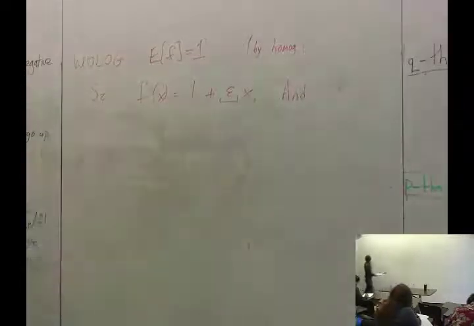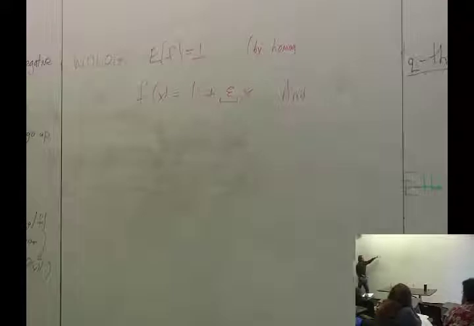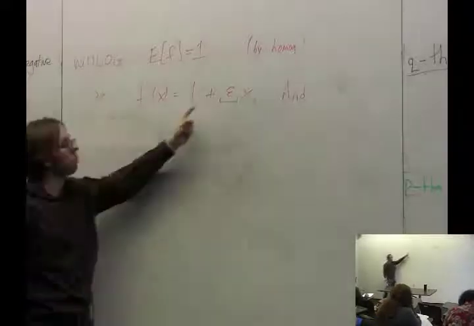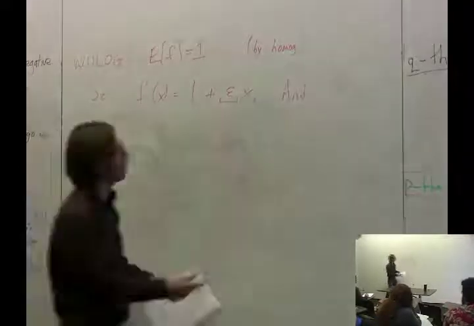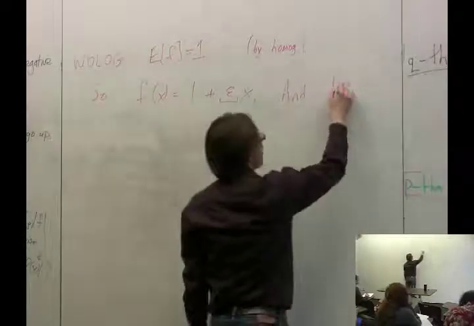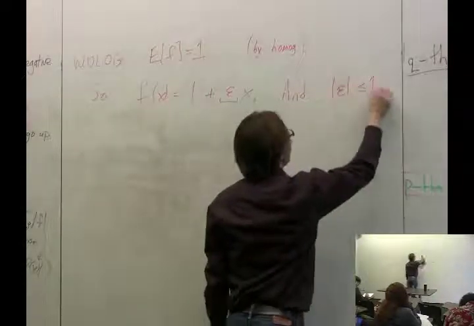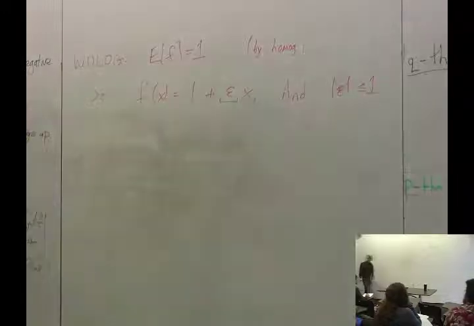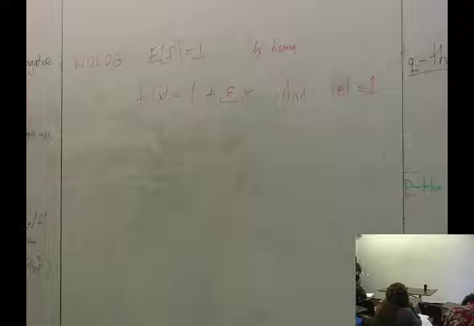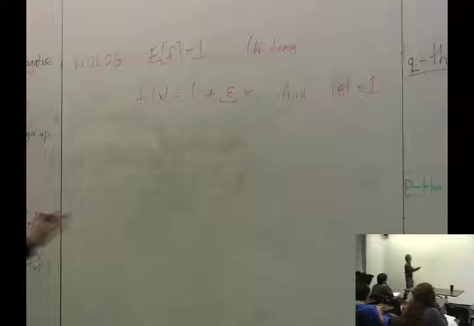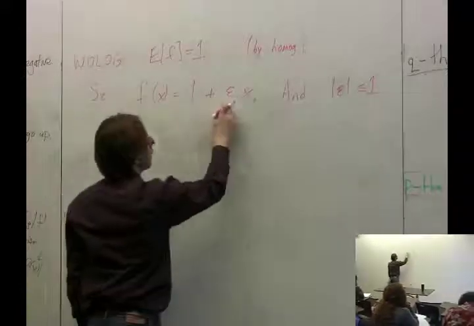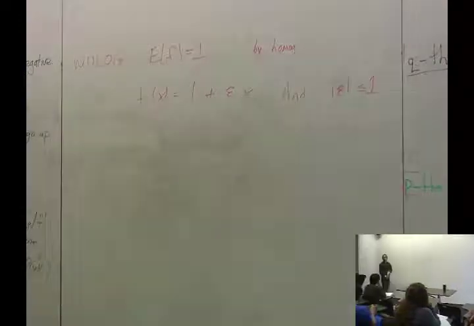Well, we already know that f is non-negative. So f takes on two values, 1 plus epsilon and 1 minus epsilon. Therefore, the absolute value of epsilon is at most 1. So I've just reduced to the case where the function is this thing, and this coefficient is at most 1.